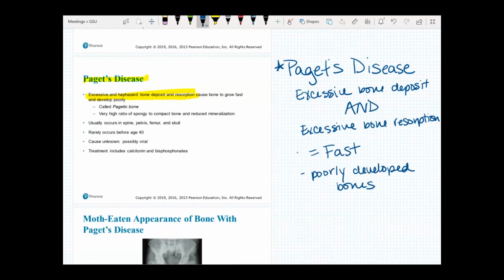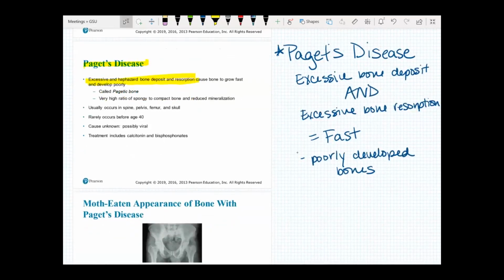And really the reason you're going to have poorly developed bones is because there will be a high ratio of spongy to compact bone. So it's not going to be the normal ratio with Paget's disease.